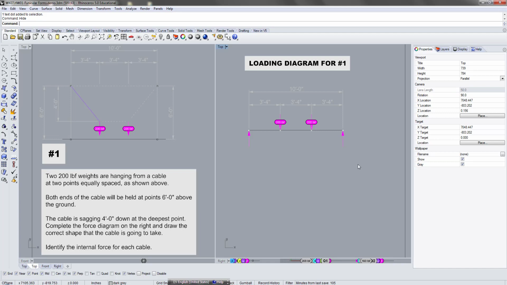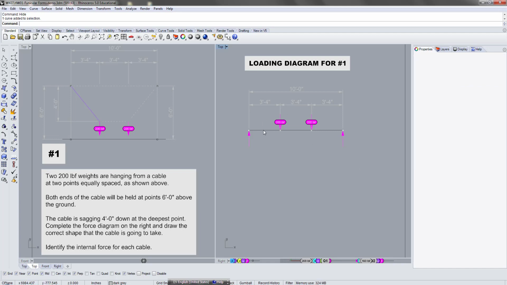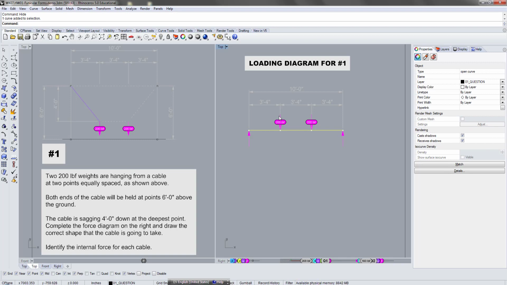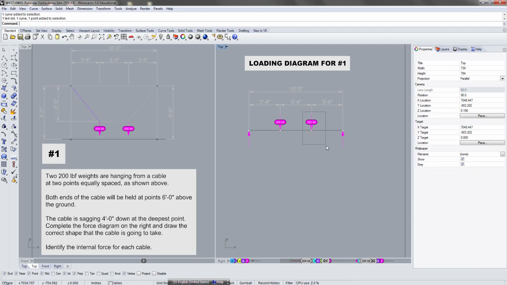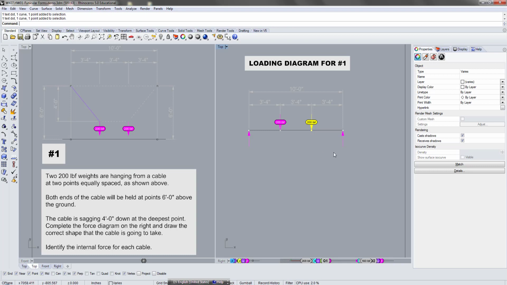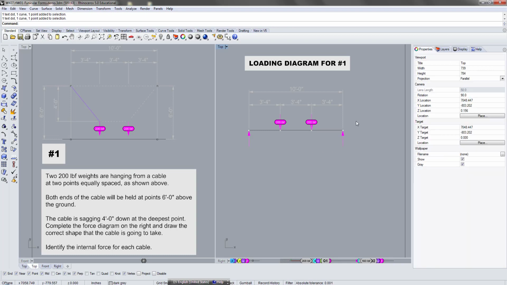So again, we're going to start from the loading diagram, and here I mapped the horizontal lines and two forces equally spaced and two reactions. We'll start by labeling these areas between the forces, and let's extend these lines of action so that we can deal with the force polygons later.